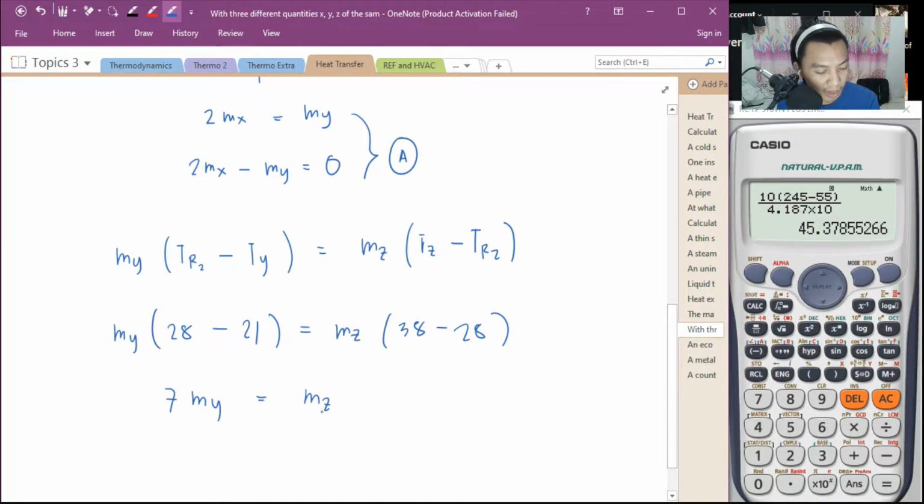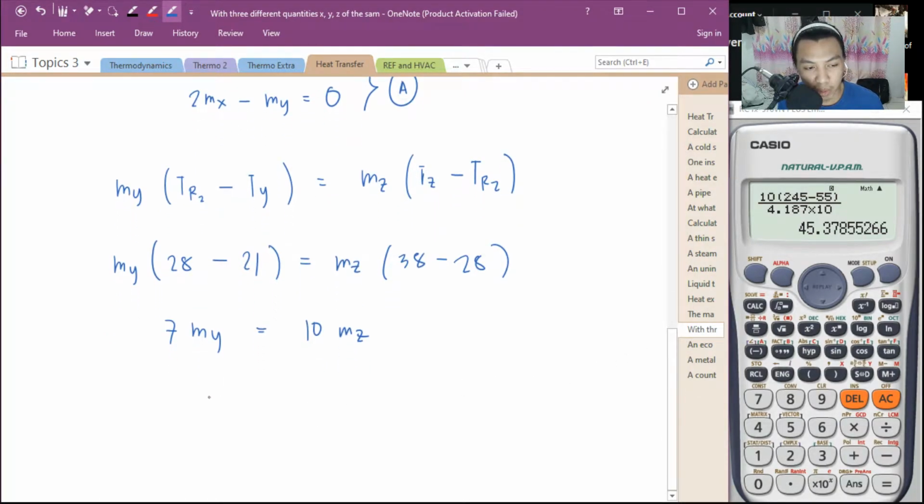Okay, 10 MZ. So, pwede nating i-reform ito as 10 MZ minus 7 MY equal to 0. So, this is equation B.